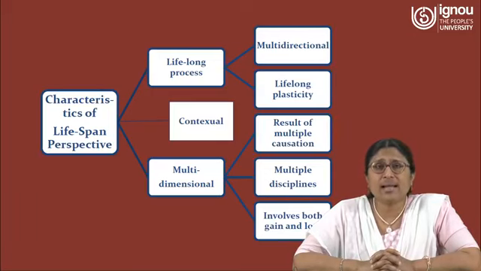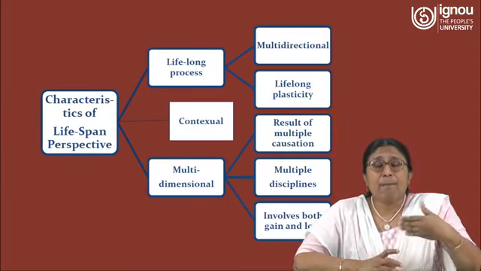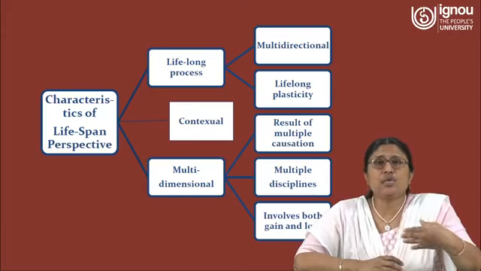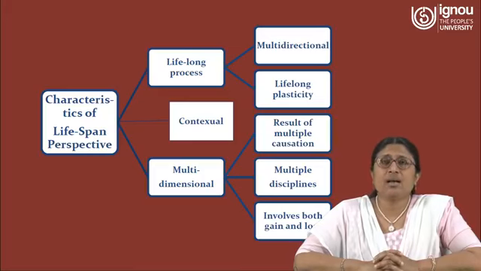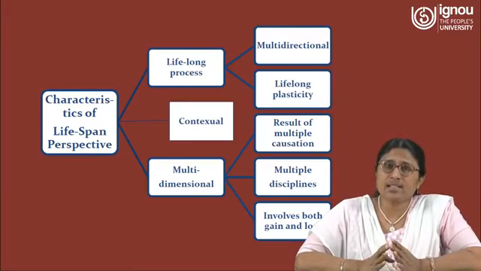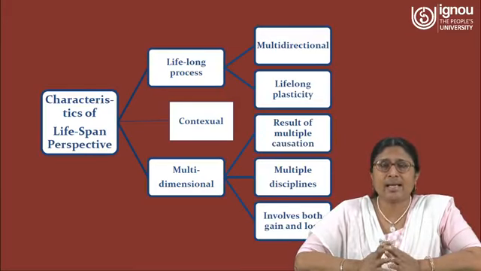And the next one is lifelong plasticity. What does plasticity mean? It refers to the ability or capacity to respond to changes, whether the changes are positive or negative. There comes the importance of plasticity: how an individual responds to these changes.